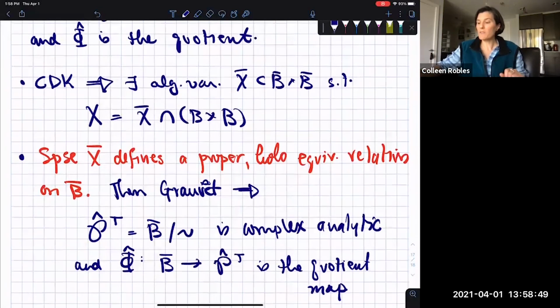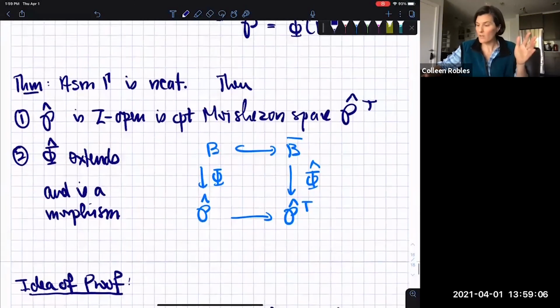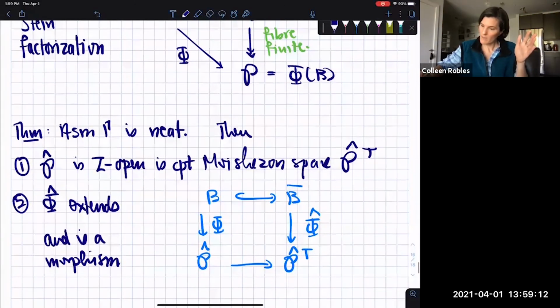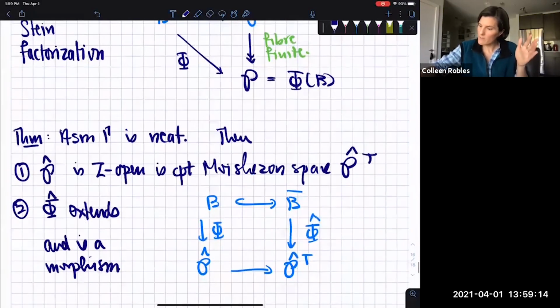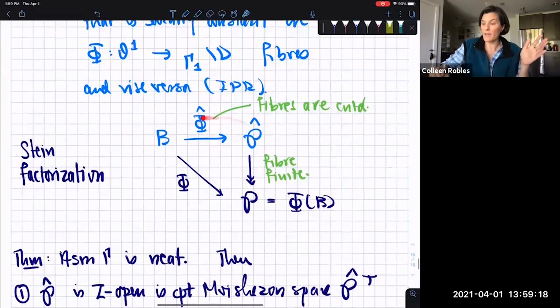So all I really have to do is find this proper holomorphic equivalence relation. So what I need to do for that is to construct locally a proper holomorphic map whose fibers coincide with this map.